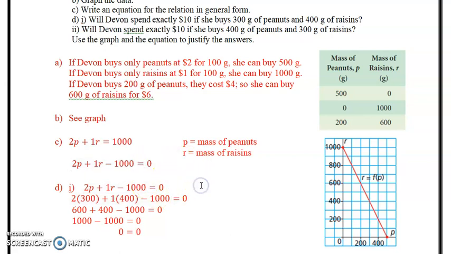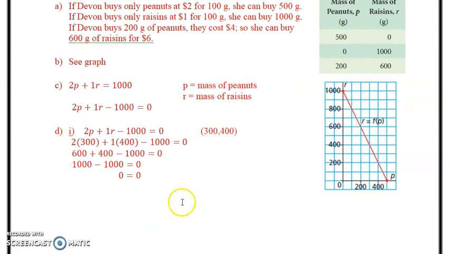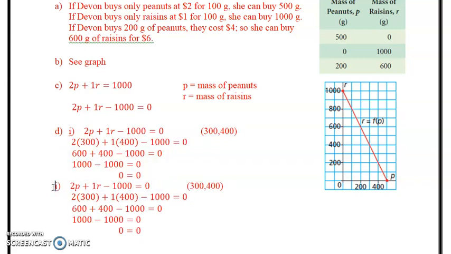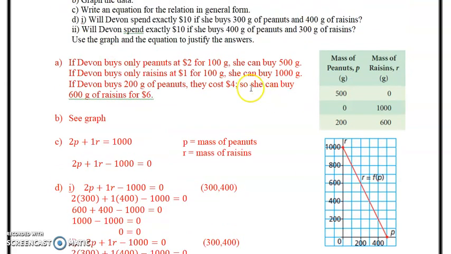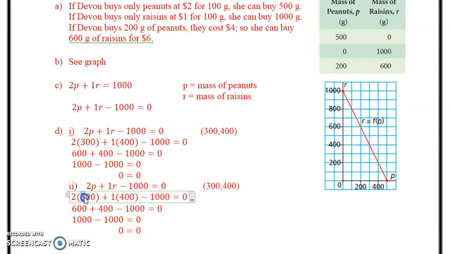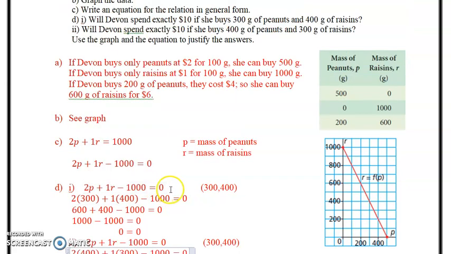All right, remember, the point that you're filling in is 300 and 400, right? Because all the points are P, R, X, Y. Do the same thing here. This time in the second one, this point is going to be 400 and 300. So this is going to be 400. We're swapping them.